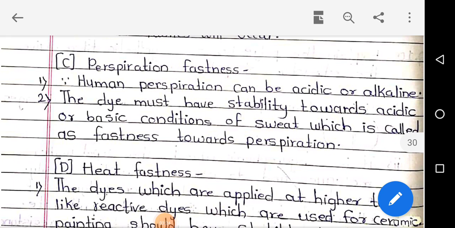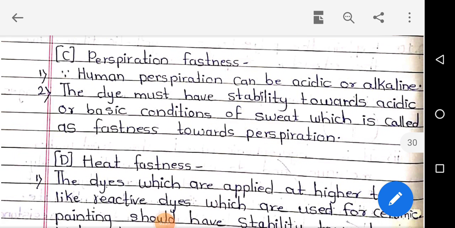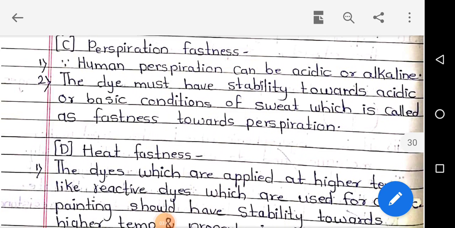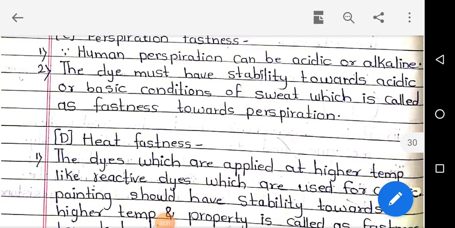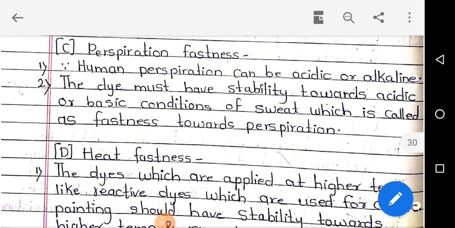Next one is the perspiration fastness. Human perspiration can be acidic or alkaline. The dye must have stability towards the acidic or basic condition of the sweat, which is called fastness towards perspiration. Perspiration means skin breathing, the removal of materials through sweat gland secretions.